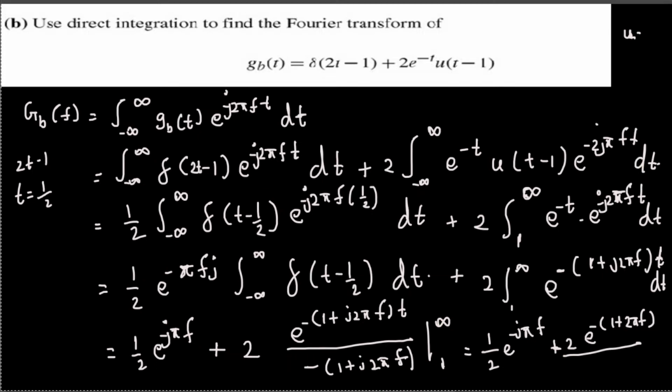So minus cancel and become plus. This is going to be 1 plus j2pi f, that's our final answer.